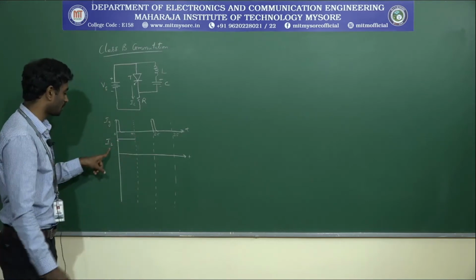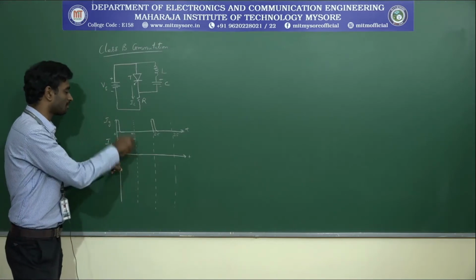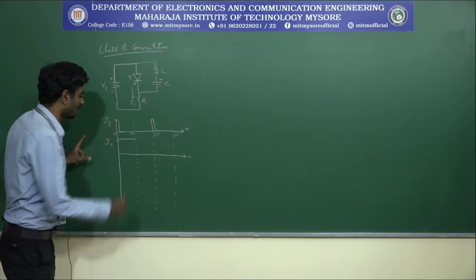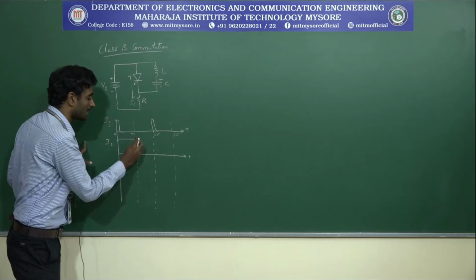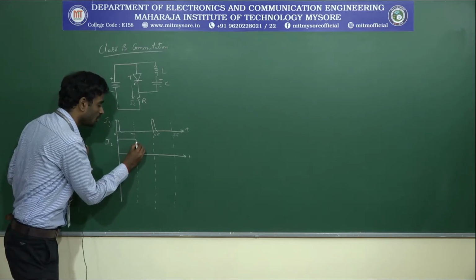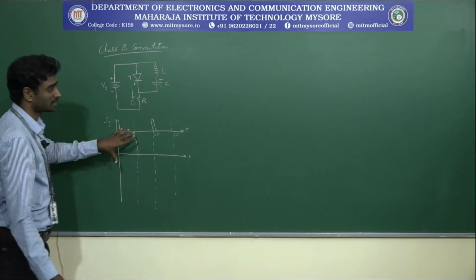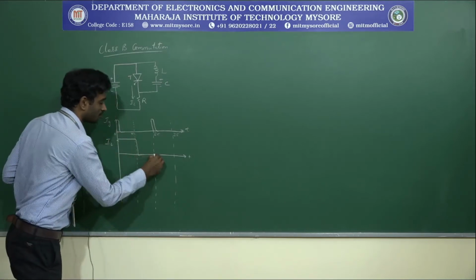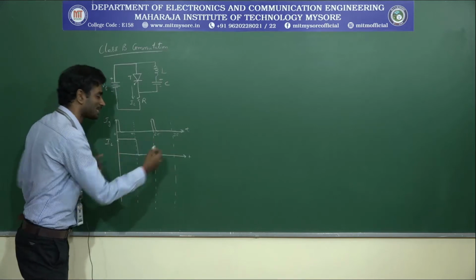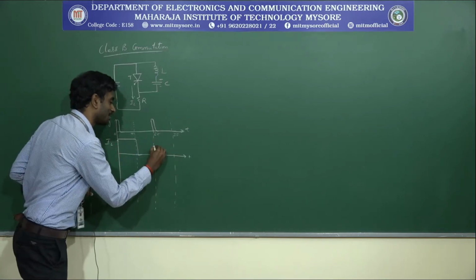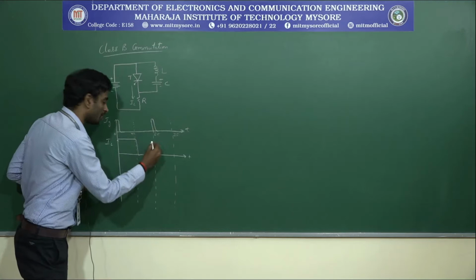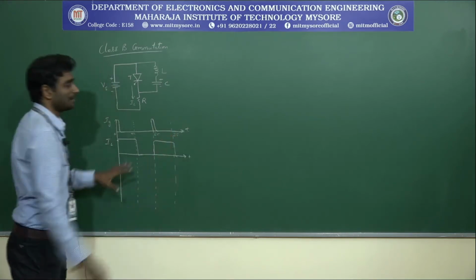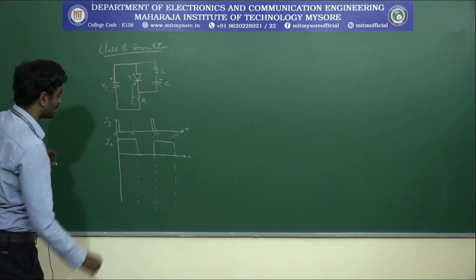I will consider the load current, that is the load current will be maximum for this particular positive half cycle of your signal, and when you come to the negative half cycle, where it has to drop down, the load current will drop here, and again in the next cycle, that is 2 pi, when you apply a gate current, again your load current will be maximum, and this cycle will be repeated. This is with respect to the load current.